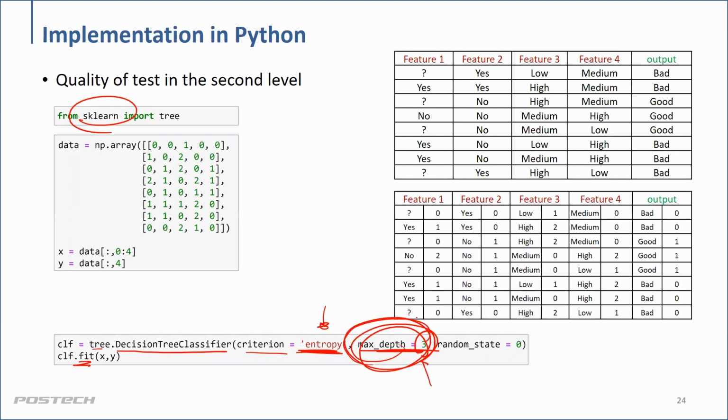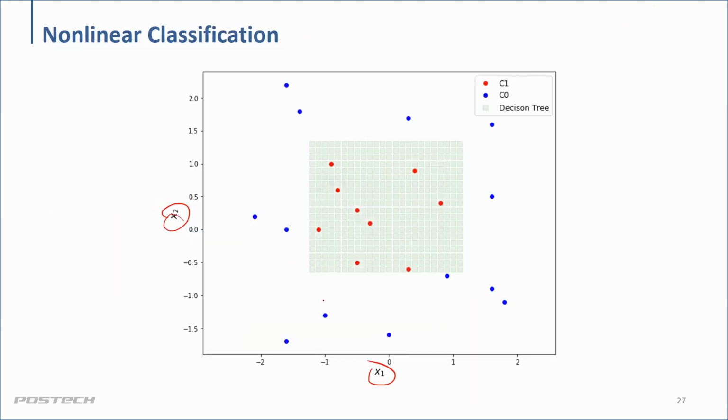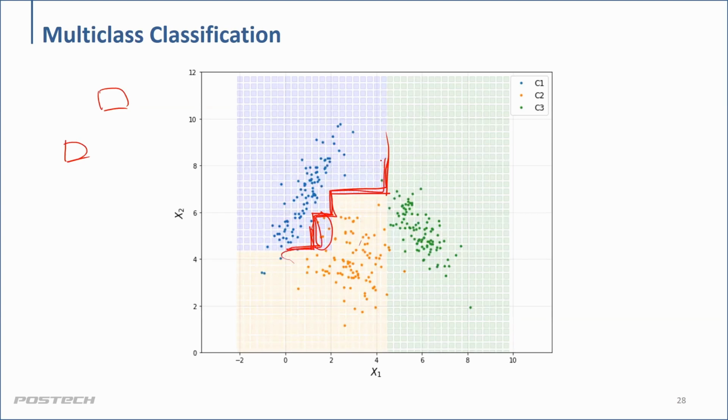Of course, if you increase that, it becomes an overfitting problem, so you have to decide. But you can control whether you want to increase the classification performance on the training data set or the generalization. The tuning parameter in the decision tree is the maximum depth. You can control it. Okay.